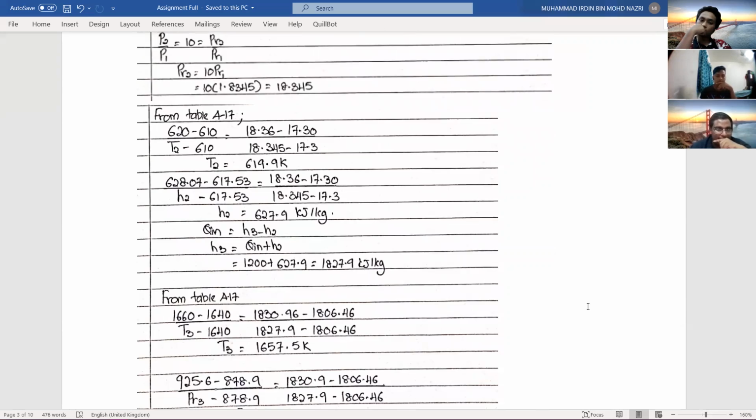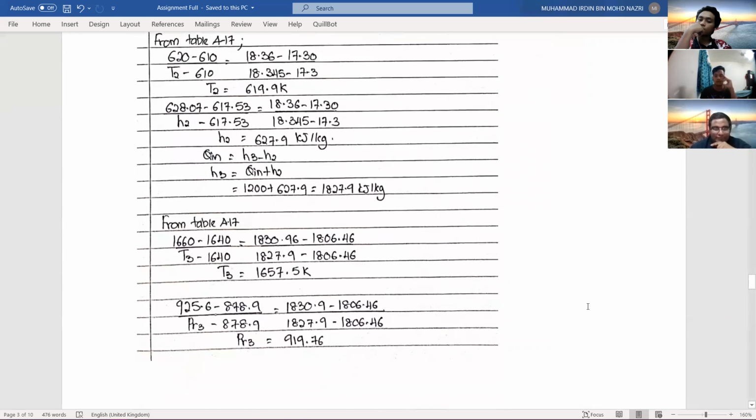For the enthalpy 2, we also need to do the interpolation, so we get 627.9 kilojoule per kg. Then, using the given Q in, which is 1200, we find H3 by adding Q in and the H2 that we found earlier, 627.9, so we get 1827.9 kilojoule per kg.